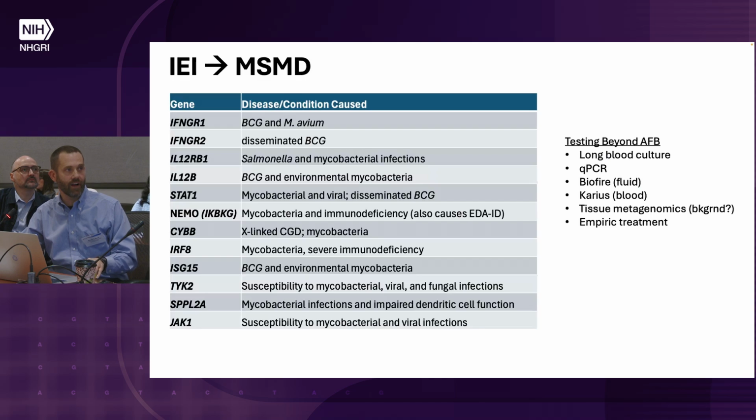And then finally, it is insane for me to be presenting on Mendelian susceptibility to mycobacterial disease at this meeting with some of the folks who are here, but nevertheless, you asked me to do it. So here I am, and that is the list. Mycobacterial detection is really hard. These are incredibly fastidious, slow-growing organisms that are not always tuberculosis.